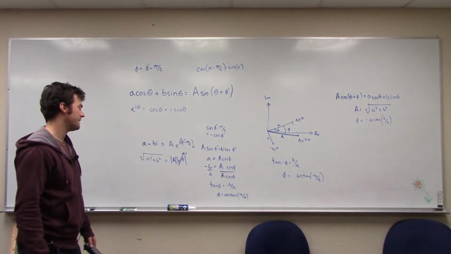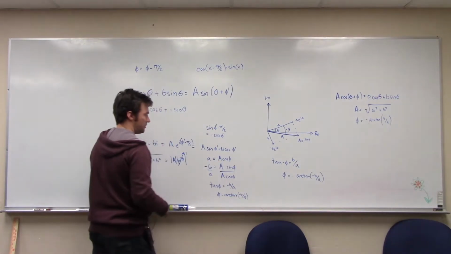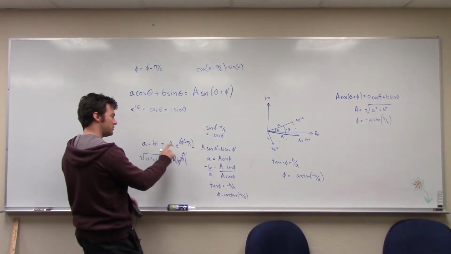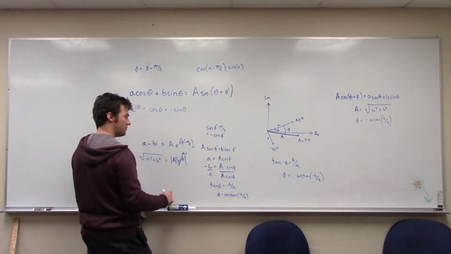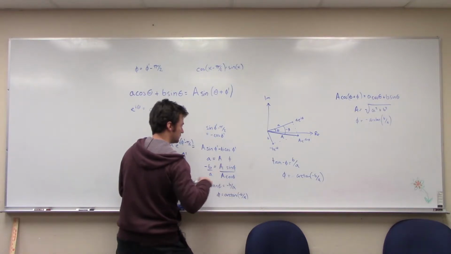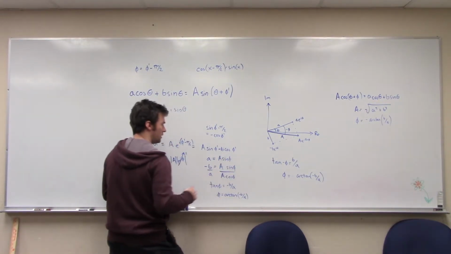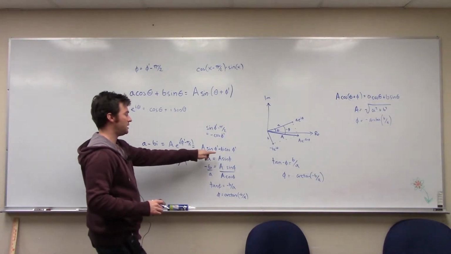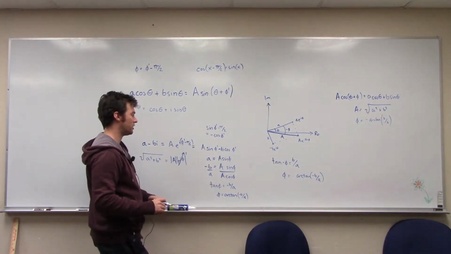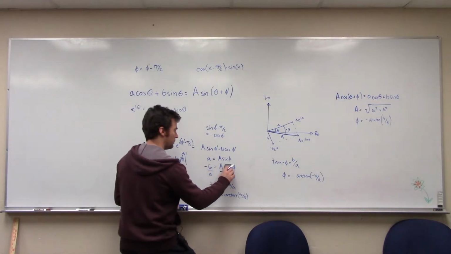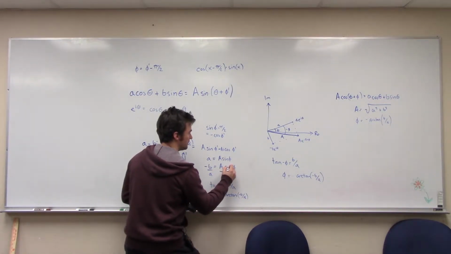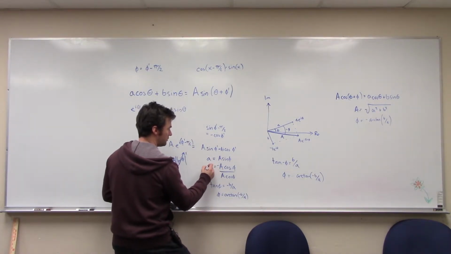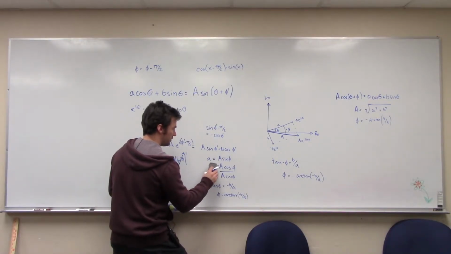We've got to fix all this stuff here. The real parts equate: a must be equal to a times sine of phi prime. And the imaginary part, negative b must be equal to negative a cosine of phi prime. So this becomes a cosine here, and both sides become negative, or we can make both positive.